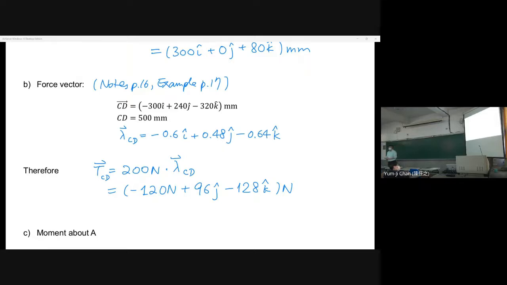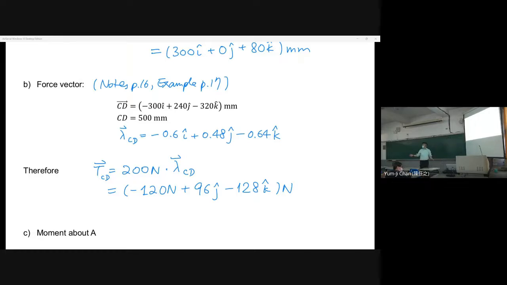The thing you need to practice is how to get this lambda CD. Go home and do your homework. Remember how to get this one. After you get this one, then it's easy.